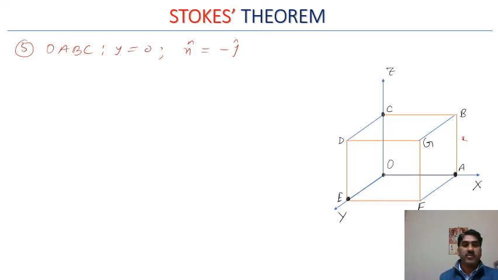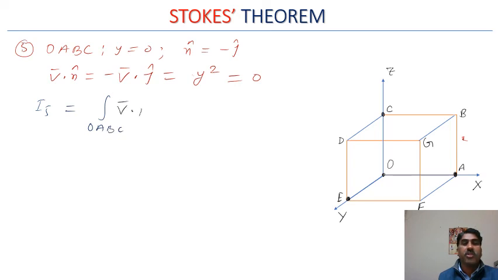So we take V dot N, which is equal to minus V dot j, and it comes minus y square plus y square. This minus and this minus, so this becomes y square, and because y is 0, this is 0. So our integral I5 over OABC of V dot N dS is again 0.